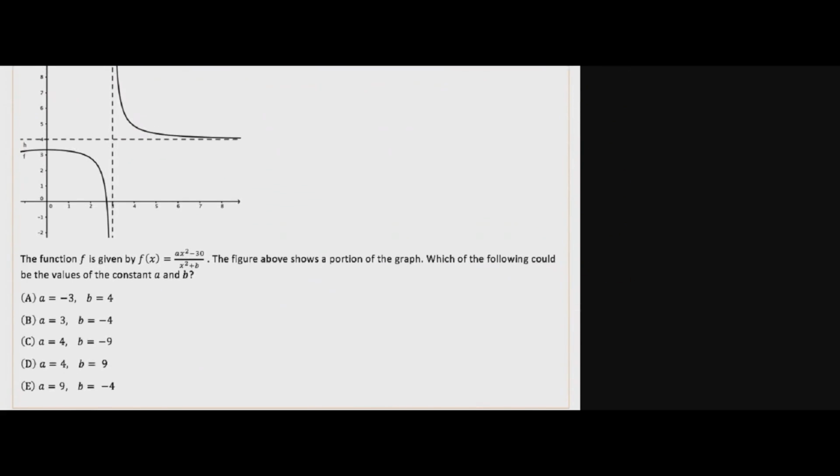All right, let's go ahead and look at this problem here. It says we have this graph and we have this equation given to us, and we want to see what could be the values of a and b. So we have f of x is equal to ax squared minus 30, all divided by x squared plus b.